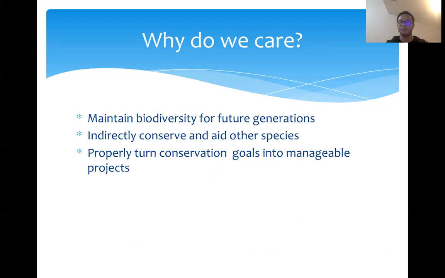But getting a better understanding of applying the umbrella species approach would really help us understand which specific region we needed to protect.